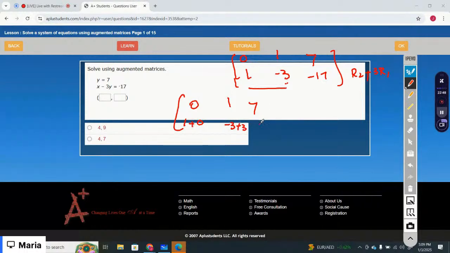Negative 3 plus 3, then negative 17, and 3 times 7 is 21. So you have 0, 1 and 7. 3 minus 3 makes 0, and 21 minus 17 is 4. So you can see here you have the identity matrix. So x equals 7 and y equals 4.